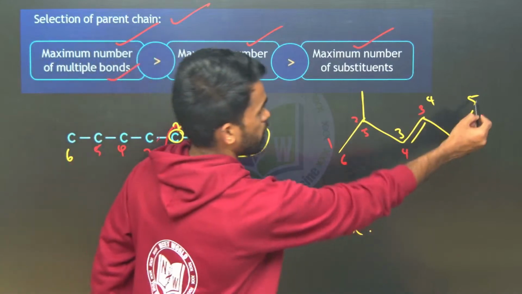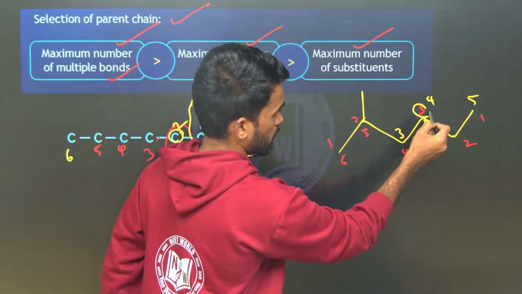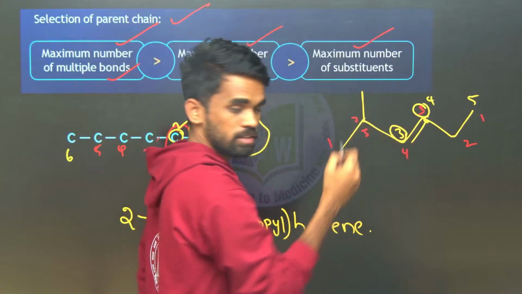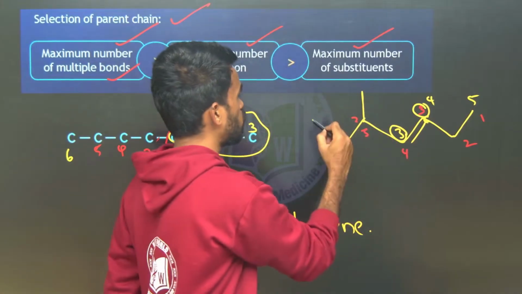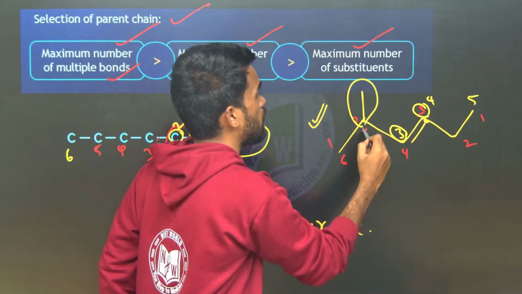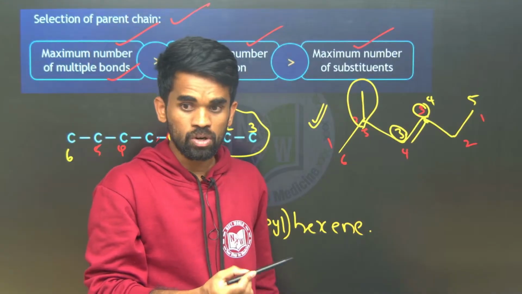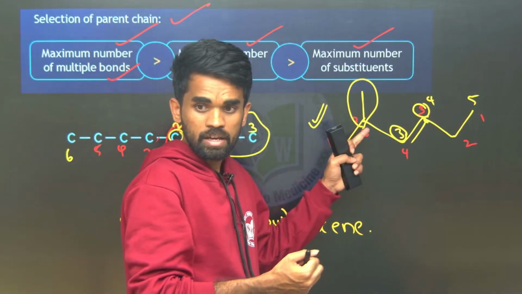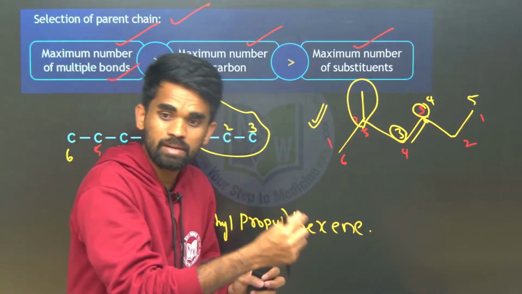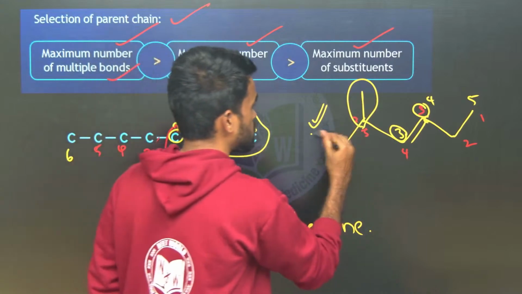Even if I come from here, the double bonded carbon is getting number 3. So we can go from either side. Why only from this side? Because at the second position you also have a substituent. If I go from this side, the substituent gets a lower number, and the functional group also gets the lowest number possible. So going from this side is perfect.